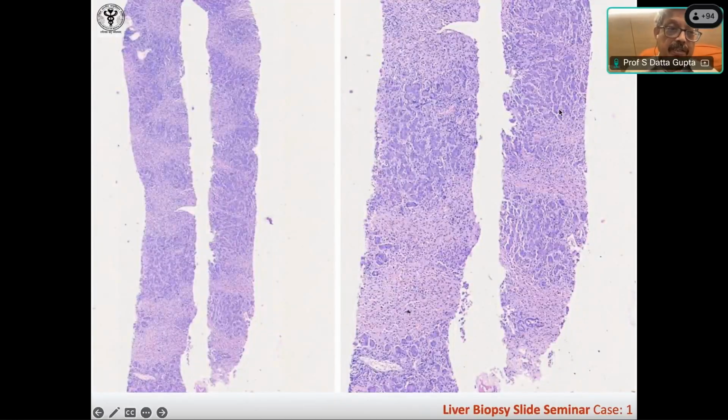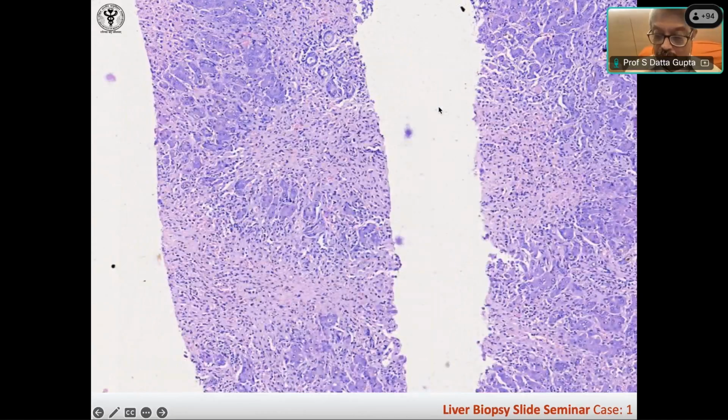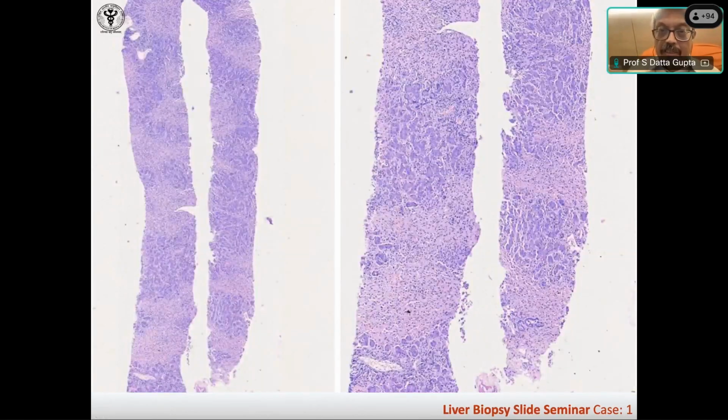You describe there are 2 cores of liver tissue, right? And in these 2 cores, what you're finding is these areas where there are hepatocytes and these areas where there are no hepatocytes. Looks like some bile ducts maybe here.